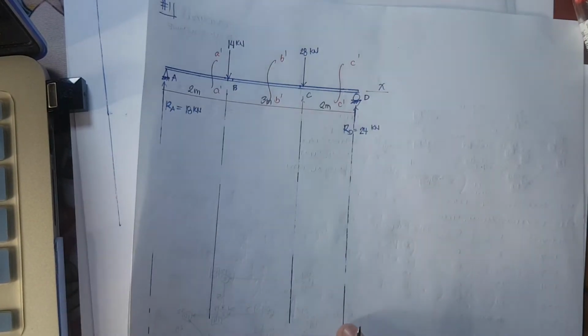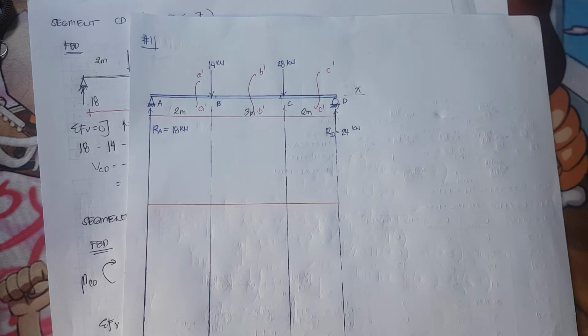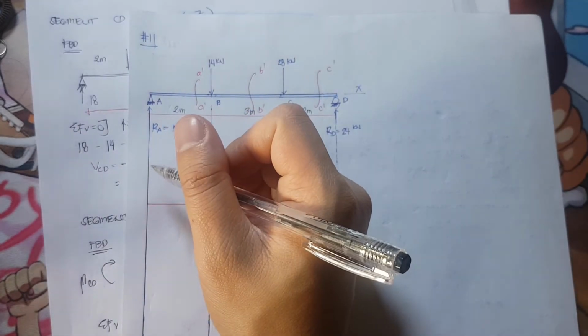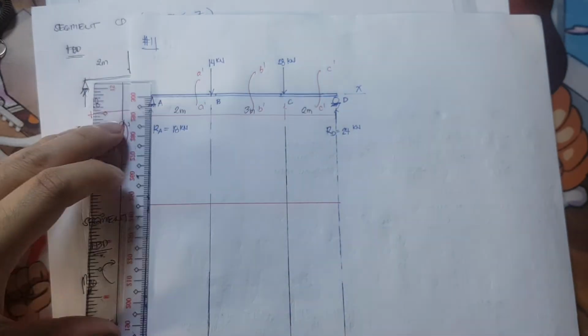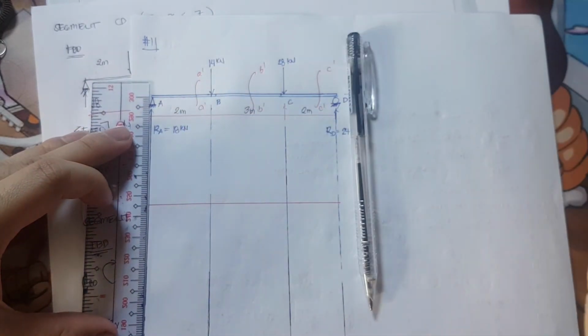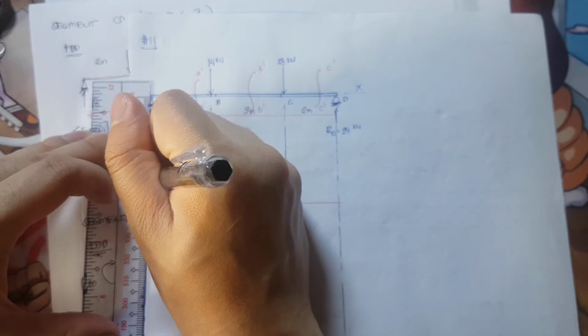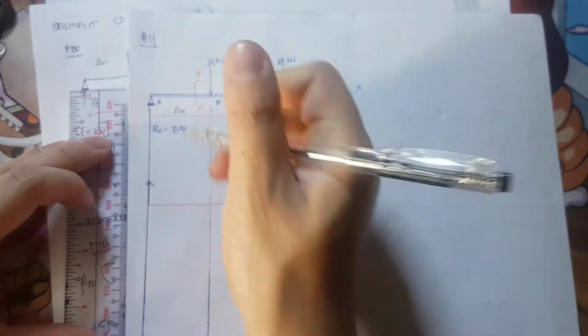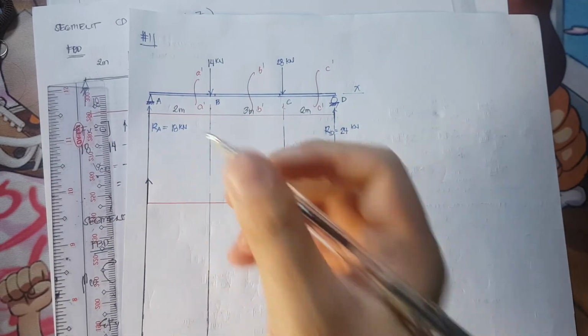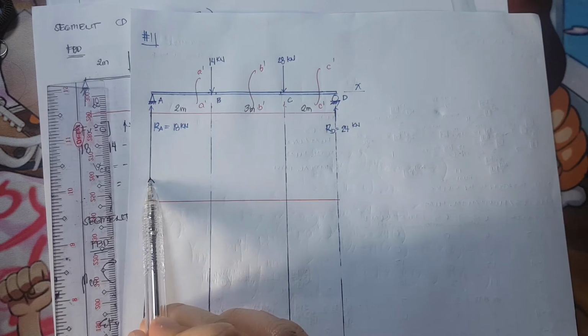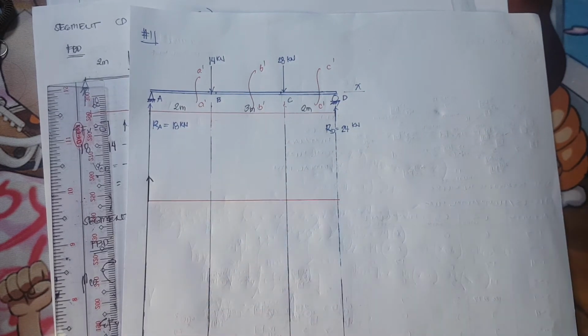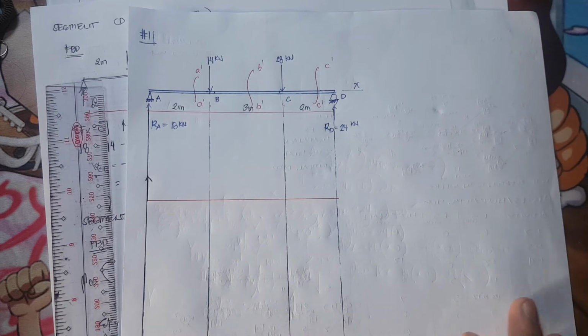Okay, so we have the reaction at A, which is equivalent to 18. So we have here 18, so this is 18 kilonewtons. Then for here, how are we going to draw the shear diagram?